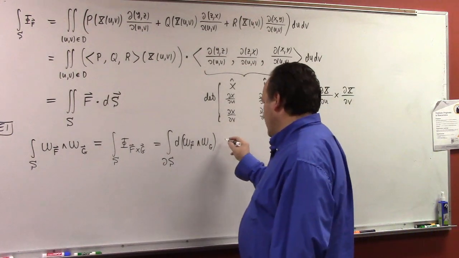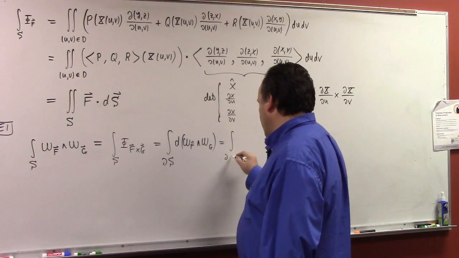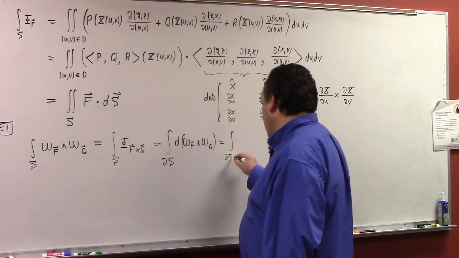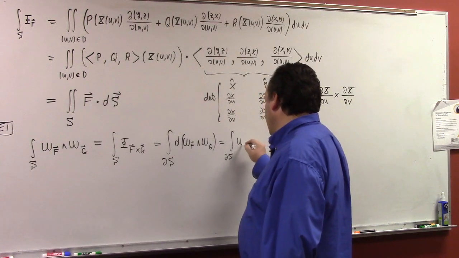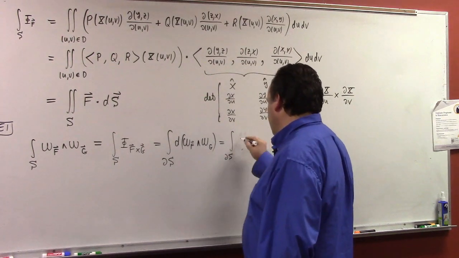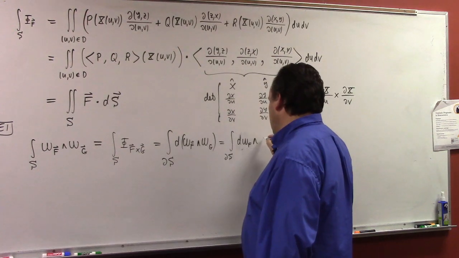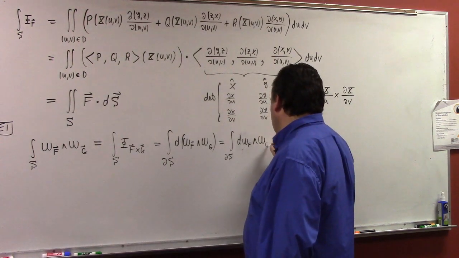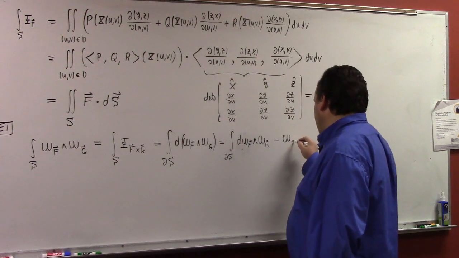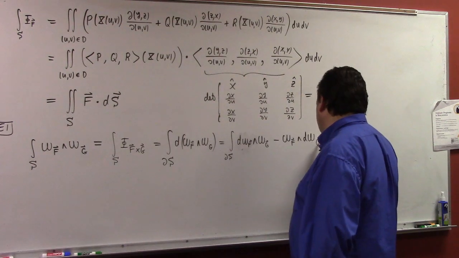Well, by the product rule, the Leibniz rule, that's really the integral over the boundary of d omega f, excuse me, my bad, d omega f wedge omega g minus omega f wedge d omega g.